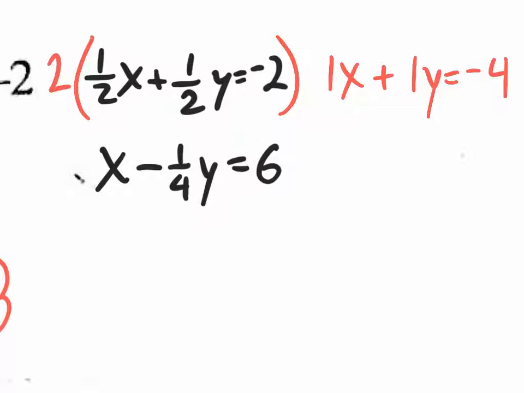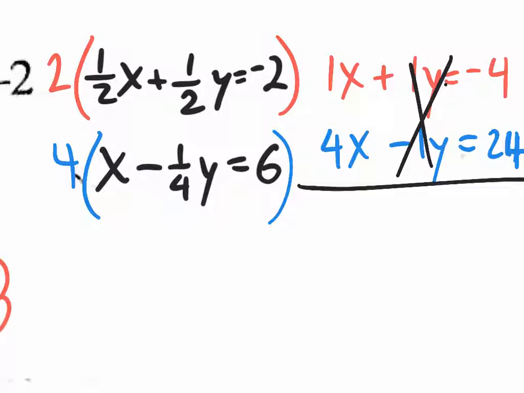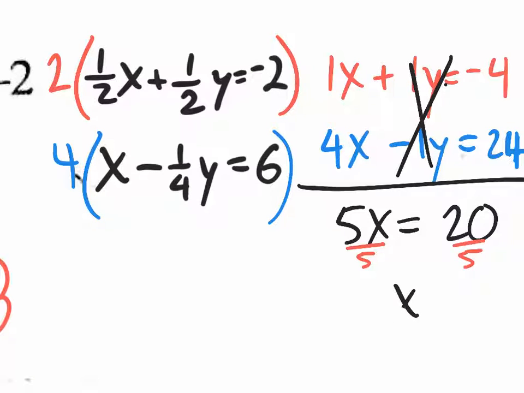On the bottom, you could multiply everything by 4 to get rid of the fraction 1/4, and you'll get 4x minus 1y equals 24. And now that system's ready to combine and cancel. So you get 5x equals 20, which means if you divide both sides by 5, x equals 4.